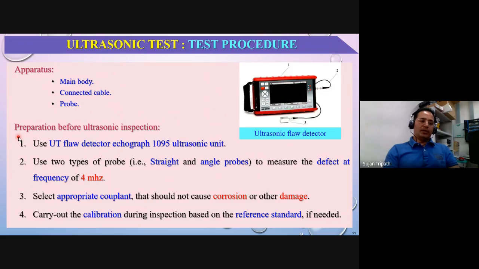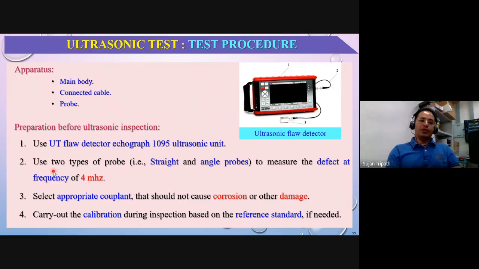And then next, in this test we are using the UT flaw detector echograph, the standard of this device is the 1095 ultrasonic unit. Yes, we are using this device in this experiment.